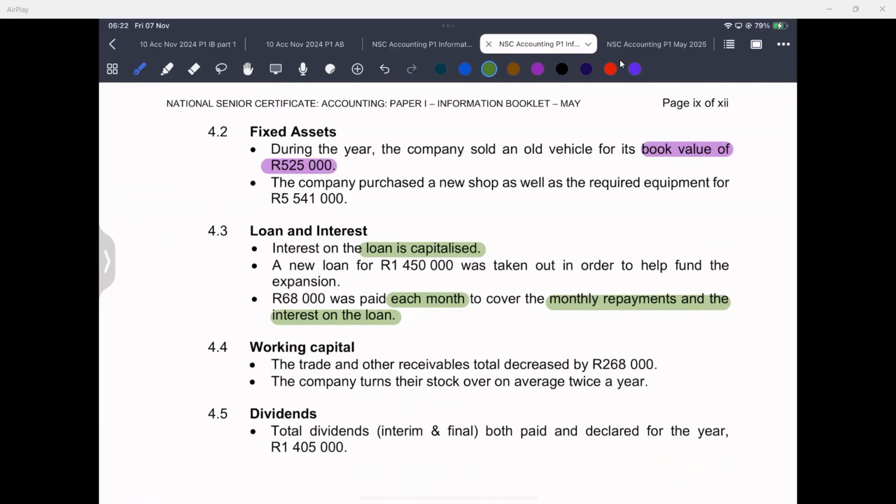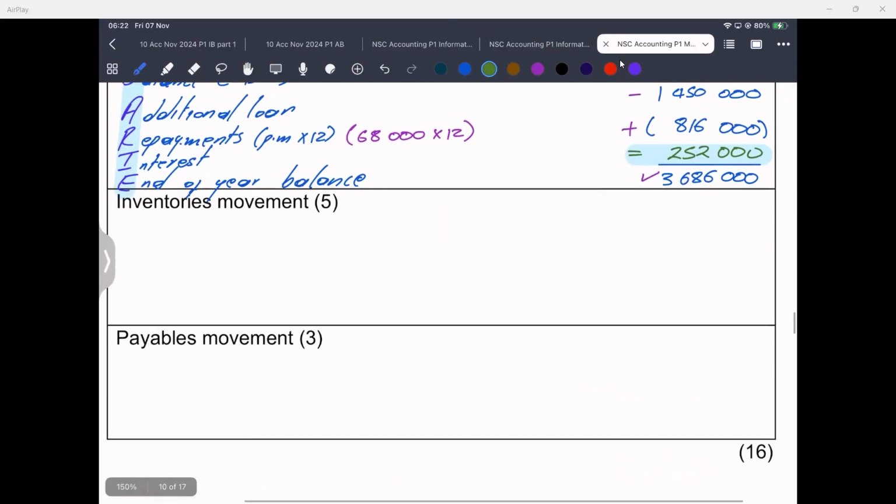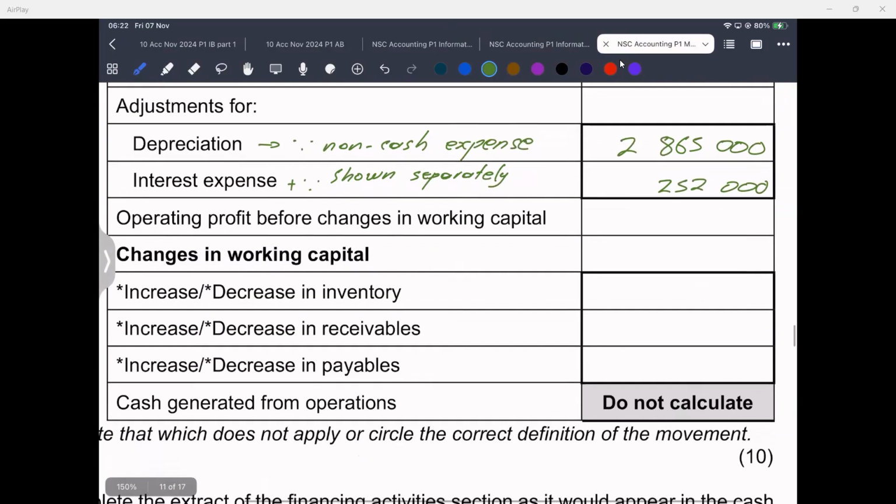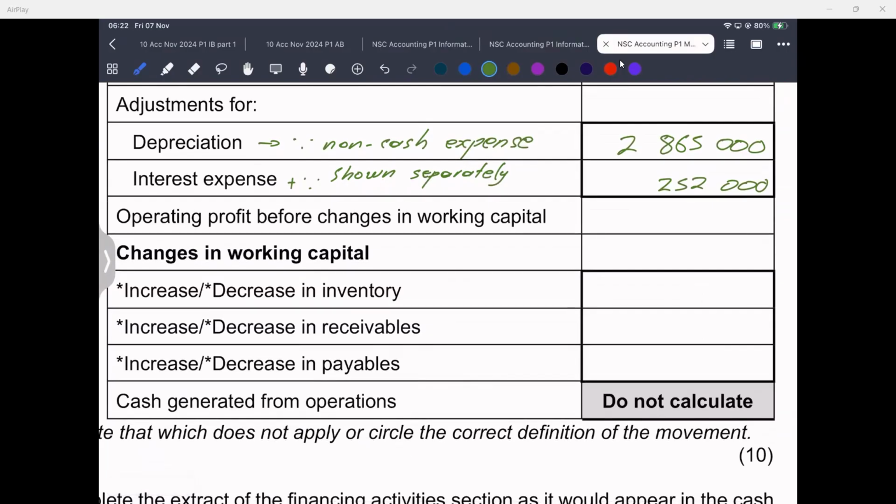They say the trade and other receivables total decreased by 268,000. Okay. A decrease in trade and other receivables means that debtors are paying up. I'm just going to jump straight into working capital. They said trade and other receivables decreased.